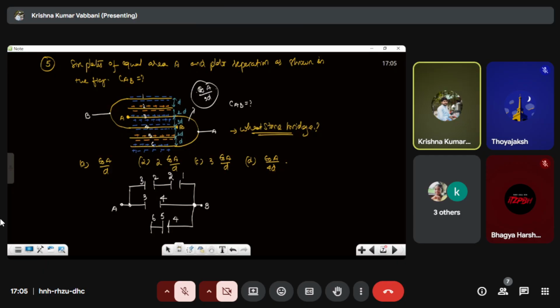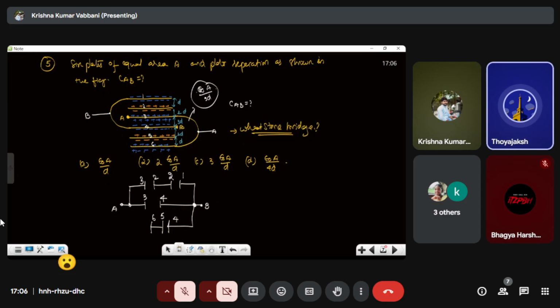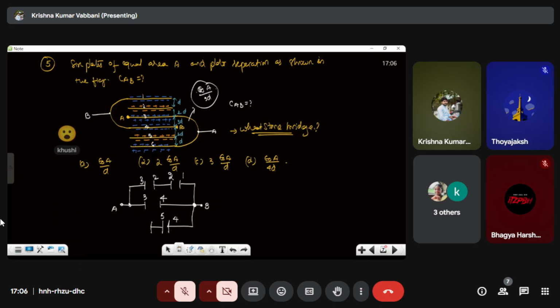And 6 is, oh no, not connected, sir, parallel, sir. Which case is this one? I have taken 3 to 4. Yeah, 3 to 4 is connected, and my 4 is connected to, 4 is parallel to 5.